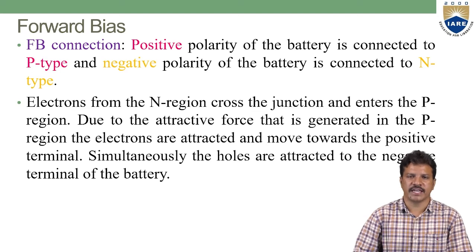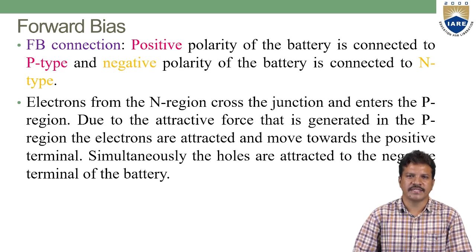In this forward bias connection, electrons from the n region cross the junction and enter the p region. Due to the attractive force generated in the p region, electrons are attracted and move towards the positive terminal. Simultaneously, the holes are attracted to the negative terminal of the battery.